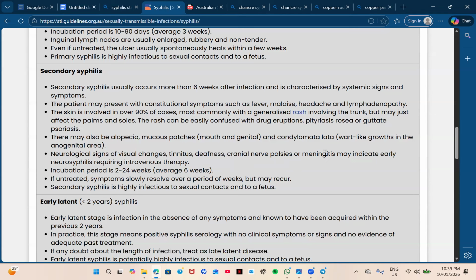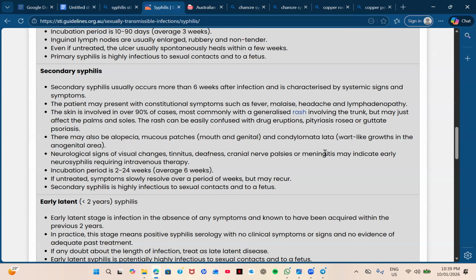Condylomata acuminata. Yeah, okay, you are correct. In syphilis, we call it condylomata lata. Okay, please don't confuse these two.